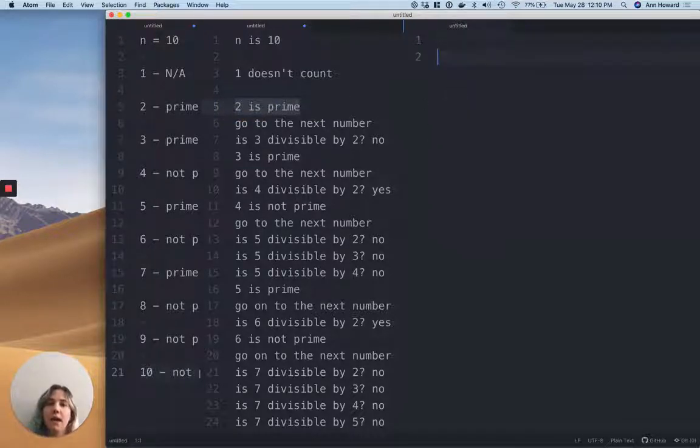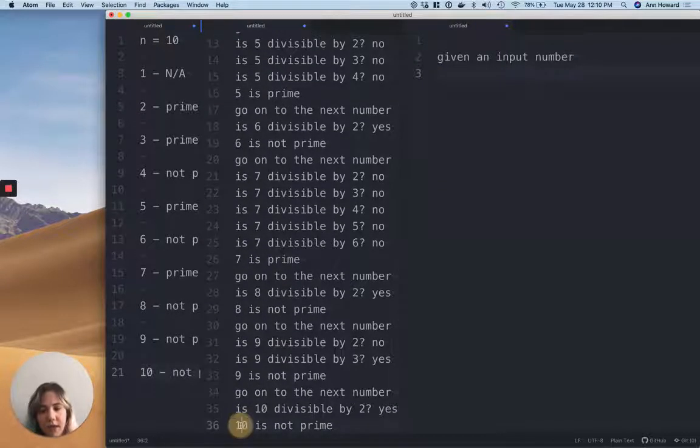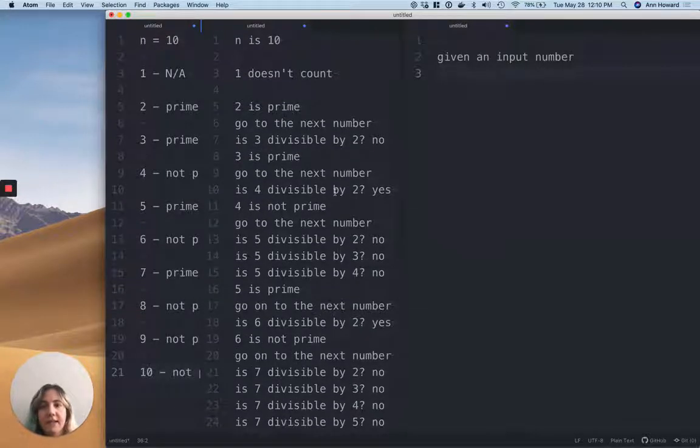So, given a number, an input number, right? What we do is, like n is 10, we go up to 10, and we check to see each number whether or not it's prime.